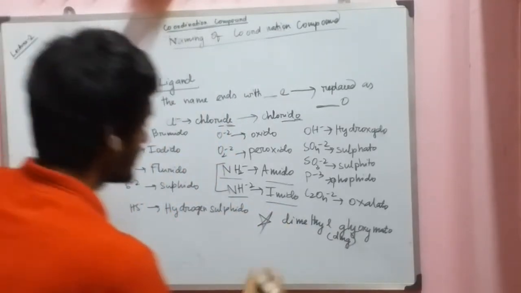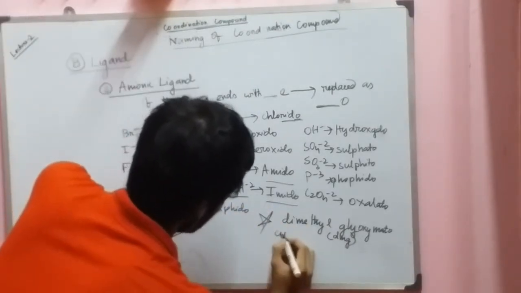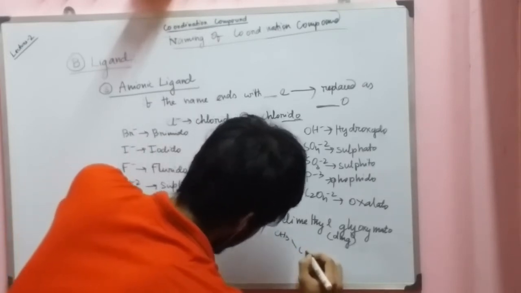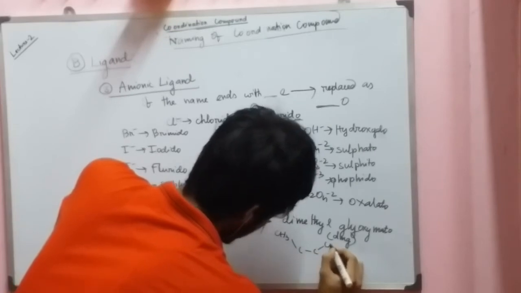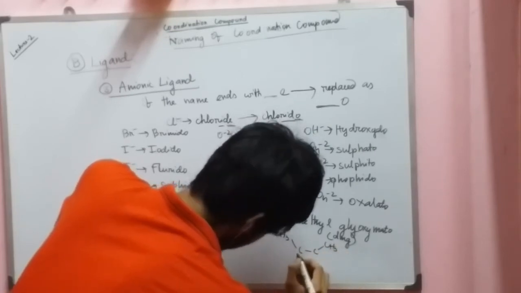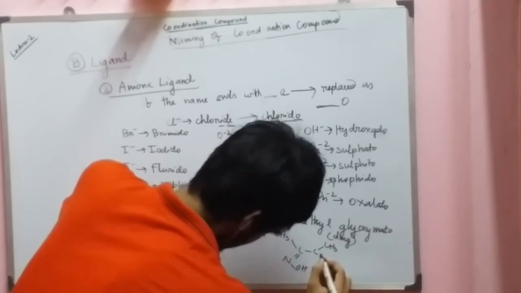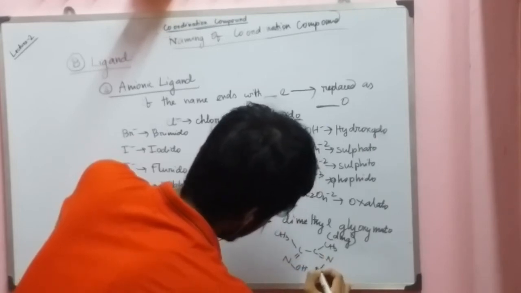The structure is written as CH3 single bond C, CH3 single bond C, double bond N OH, double bond N O minus.